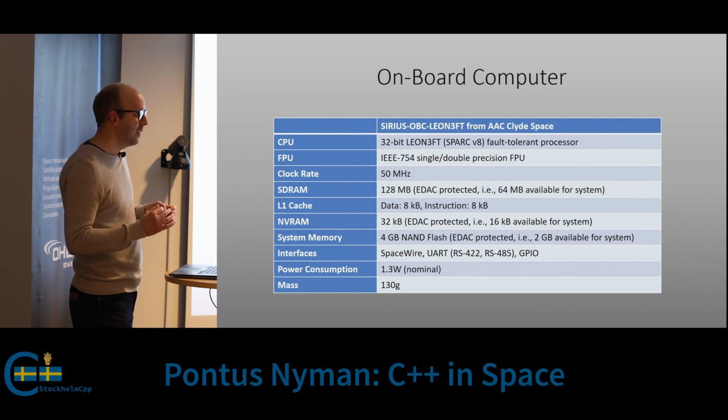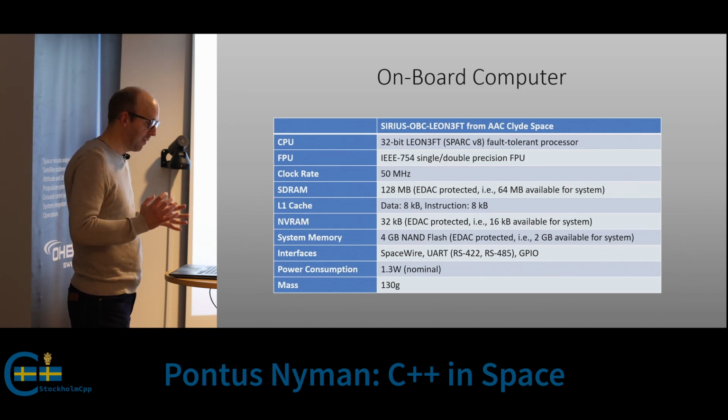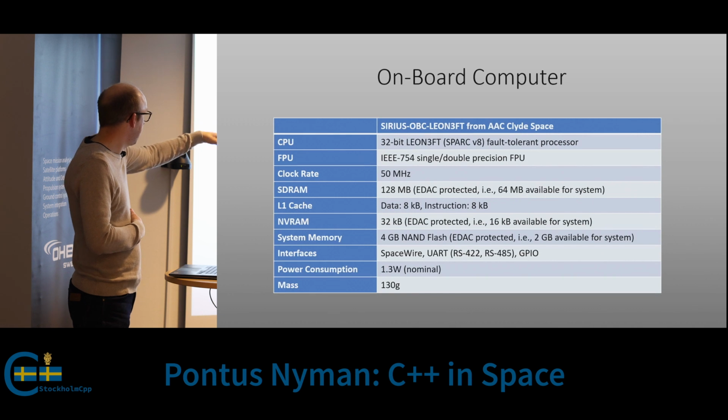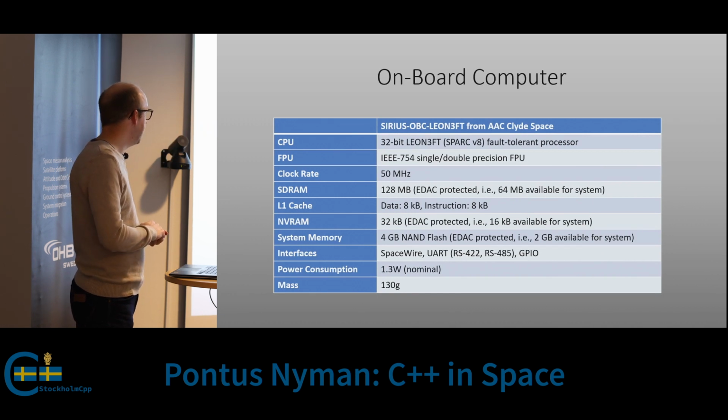So it doesn't take so much space when you implement it in an FPGA. This whole computer is actually on an FPGA, so it's not an ASIC. We have some different UARTs, and we have a bit of GPIO.